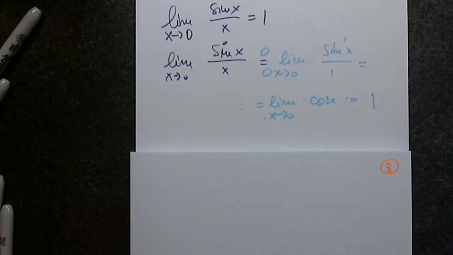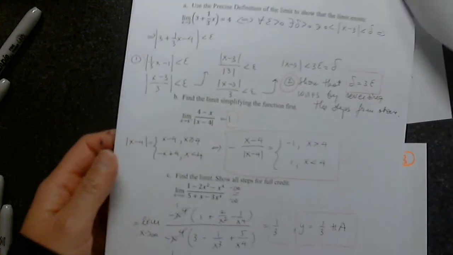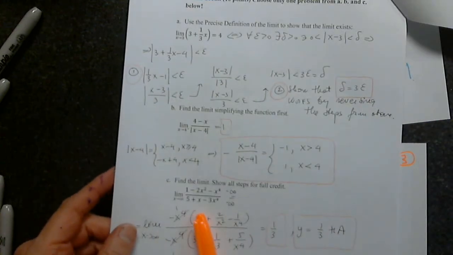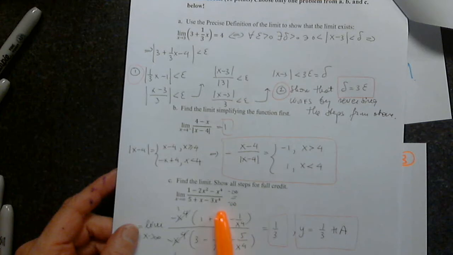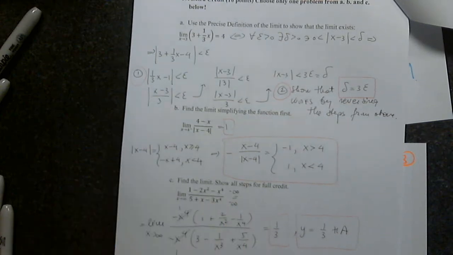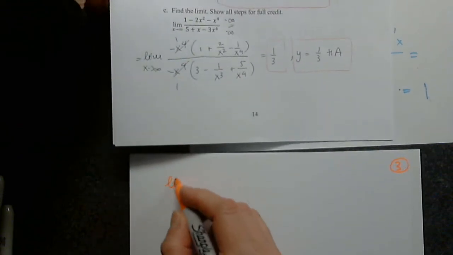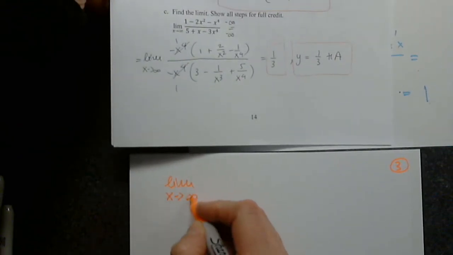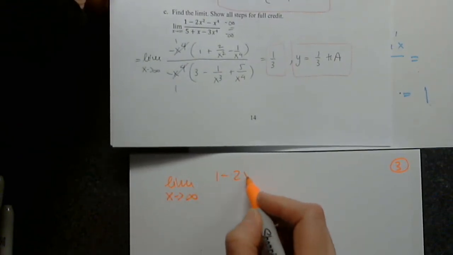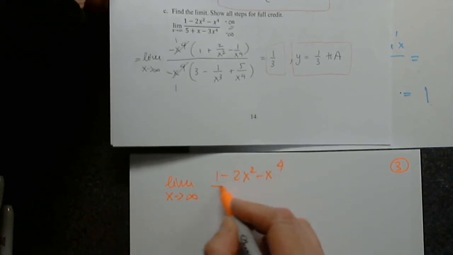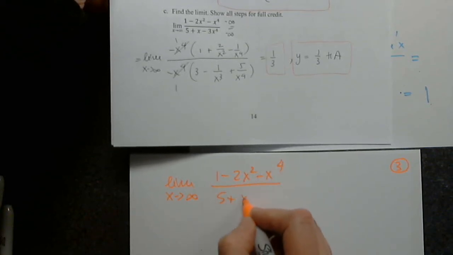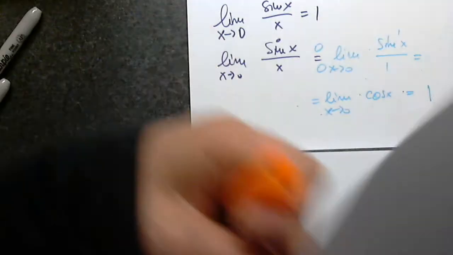Yeah, why not? I want to pick this one. Okay, ready? Good, so it's the limit as x approaches infinity of 1 minus 2x squared minus x to the 4th divided by 5 plus x minus 3x to the 4th.